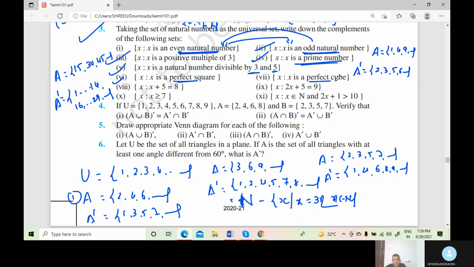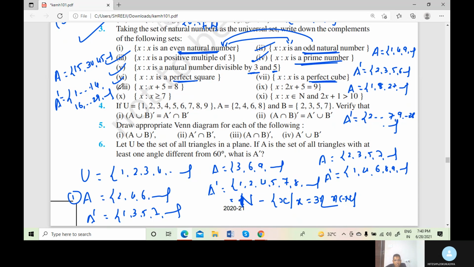Very easy. Now X is a perfect cube, which means the cube root is possible: 1, 8, 27, and so on. So its complement is 2 to 7, 9 to 26, and so on. Clear, students? Very easy.